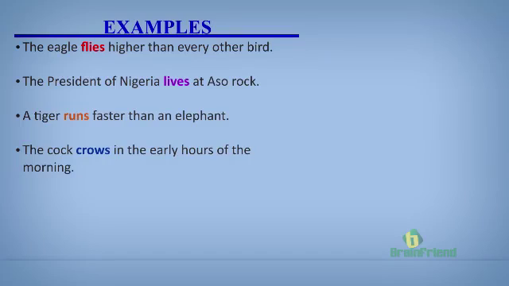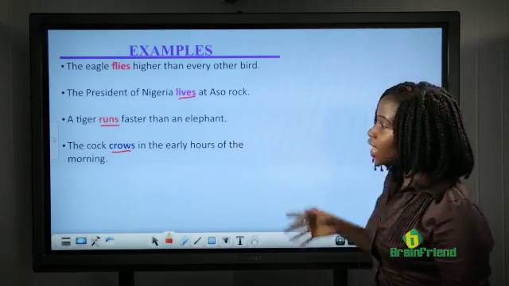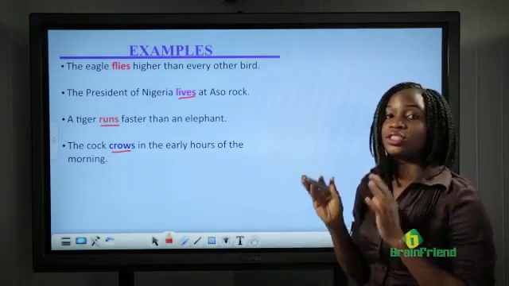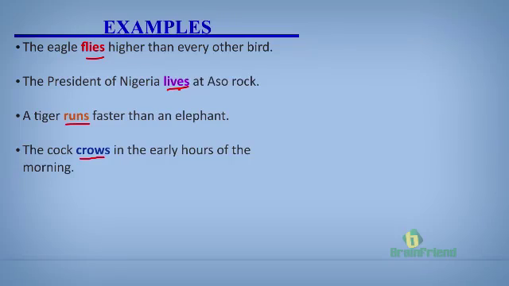The president of Nigeria lives at Aso Rock. A tiger runs faster than an elephant. The cock crows in the early hours of the morning. These are things that cannot change. That is just how they are, and that is how they will remain.